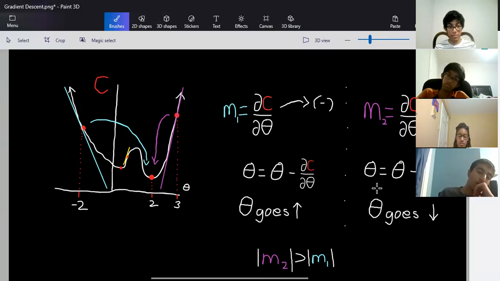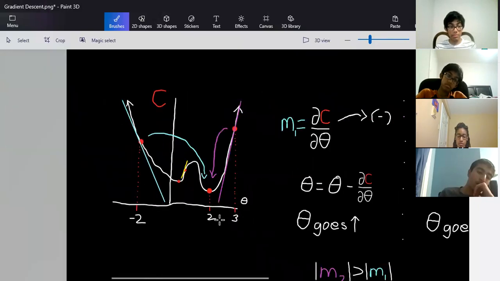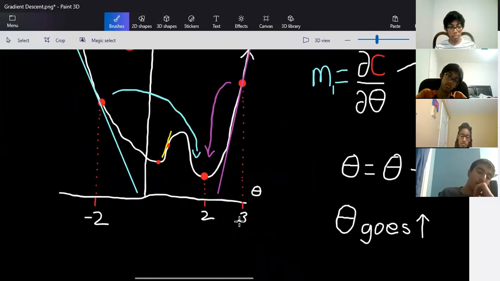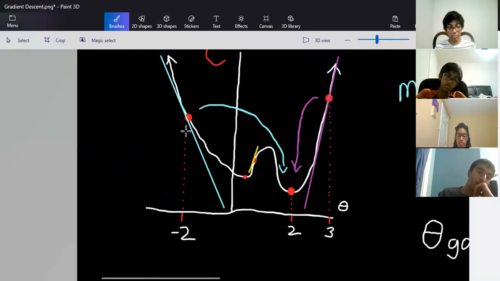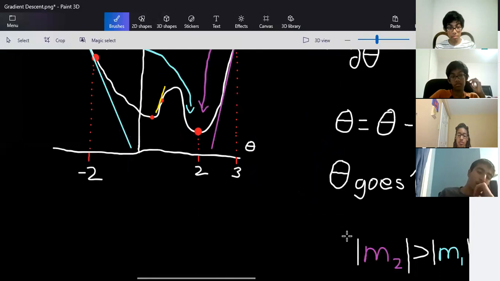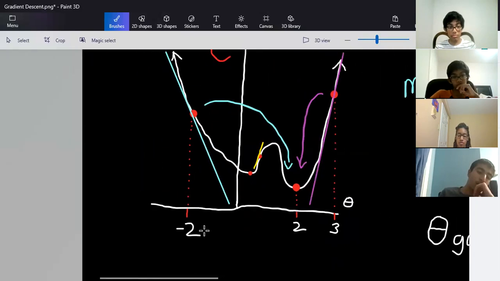So if this slope is bigger, then maybe you go from 3 and you subtract the slope here, which is bigger, maybe you go down to 2.5. So maybe you go down in this case by 0.5. However, this slope is not as big. The magnitude, that's another way of saying the absolute value, is smaller.